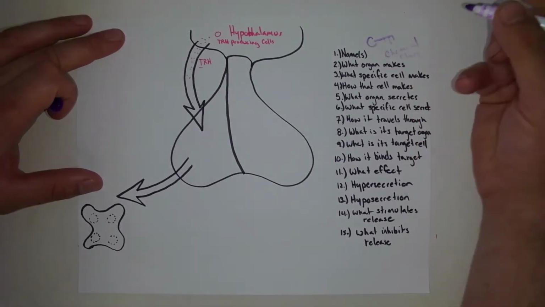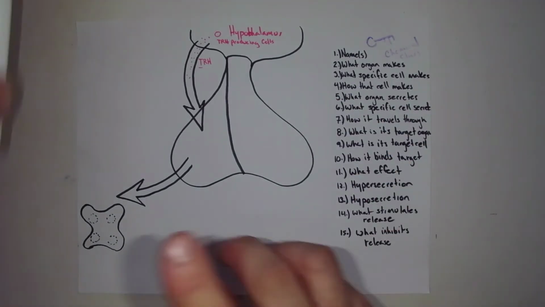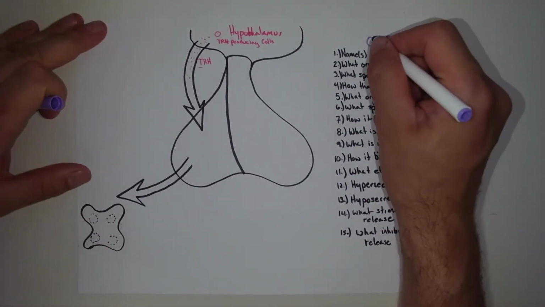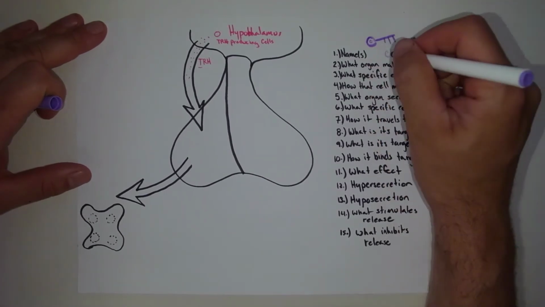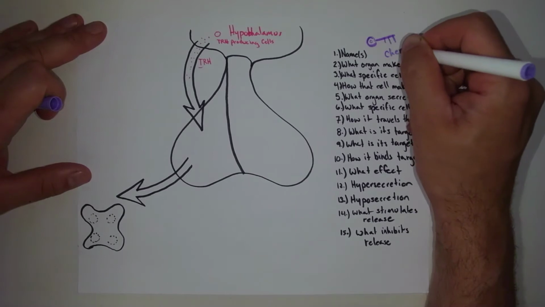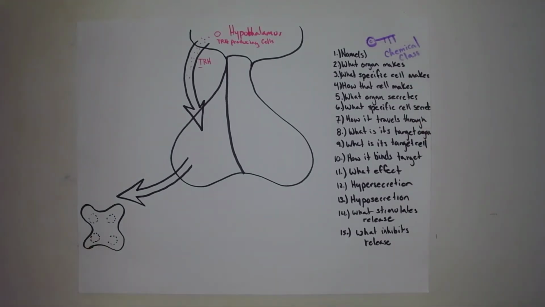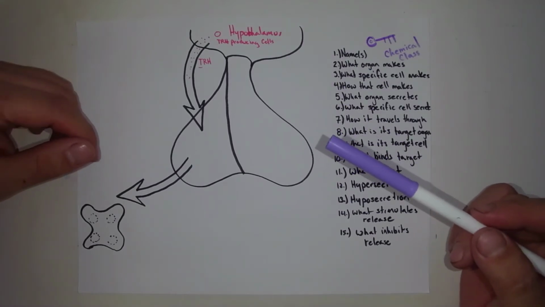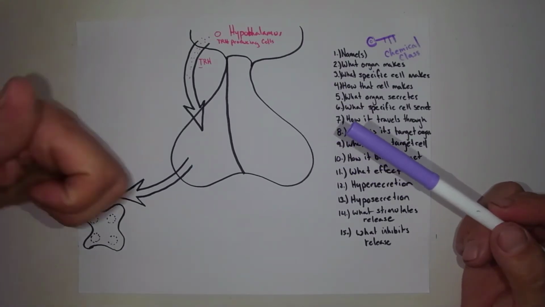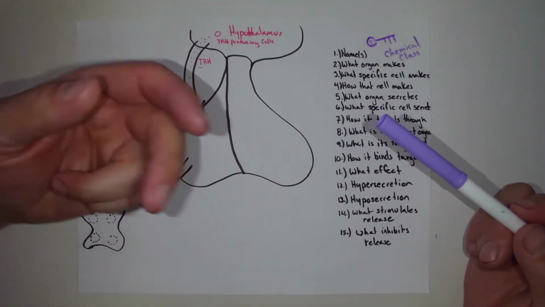And I know that the chemical class for TRH is going to be amino acid based. Now, how do I know that? I know that because I know my homunculus and I know where hormones are made, and I know that steroid hormones are only made in the gonads, that's testes, ovaries, placenta, or adrenal cortex.